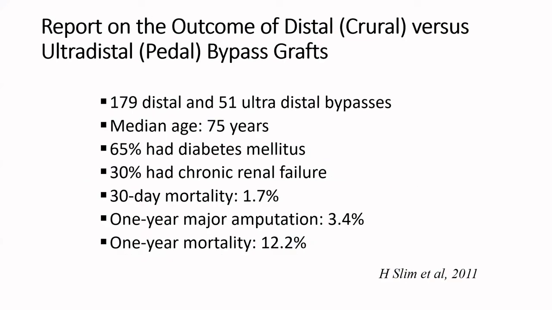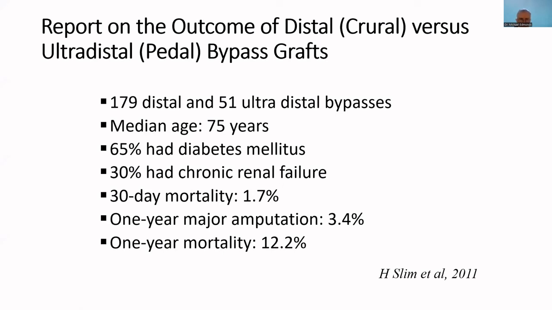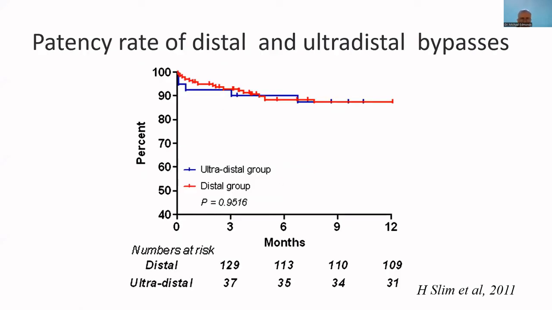This was a report from Hani Slim of our vascular surgical group on the distal and ultra-distal grafts: 179 distal, 51 ultra-distal bypasses, mean age 75, 65% had diabetes, 30% had chronic renal failure, 30-day mortality 1.7%, 1-year major amputation 3.4%, 1-year mortality because of the cardiovascular issues 12.2%.